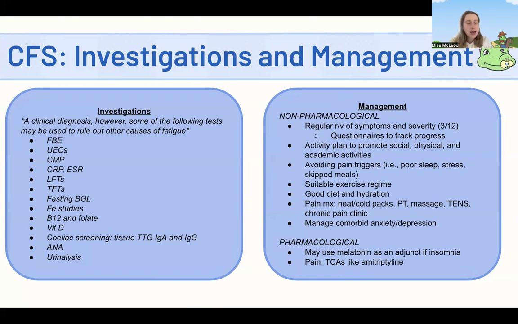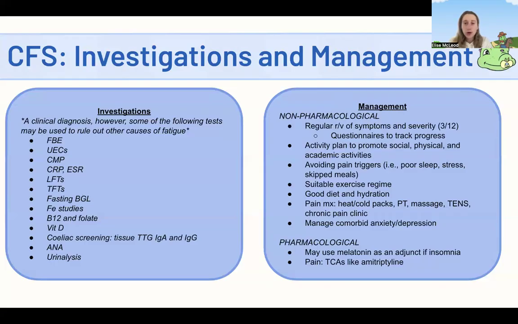Celiac screening is key because untreated celiac disease can cause incredible fatigue, and the young person might not always have other symptoms, and then also just be guided by other symptoms as well.